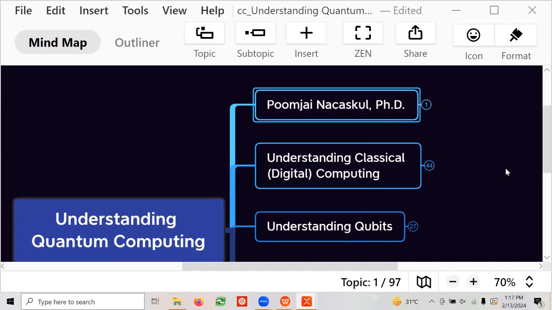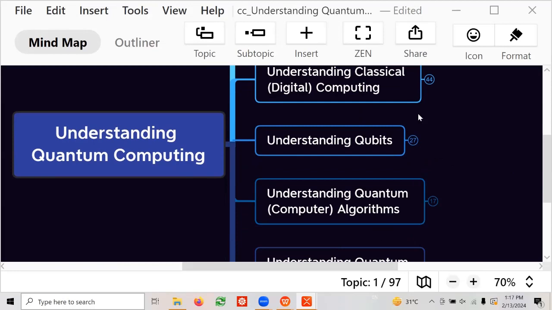Yeah, definitely. So my game plan is for you to understand basically the gist of how quantum computing works, okay? And for that, you have to understand a little bit about how classical, or what we call digital, computing works.